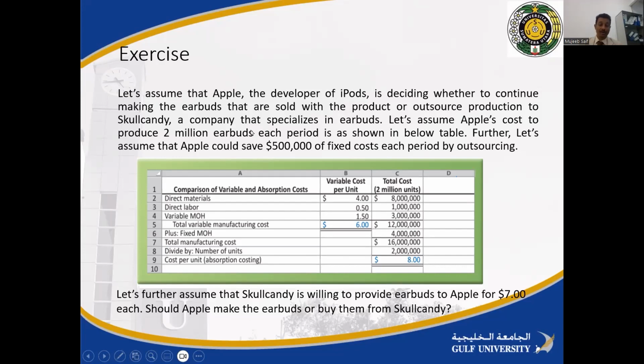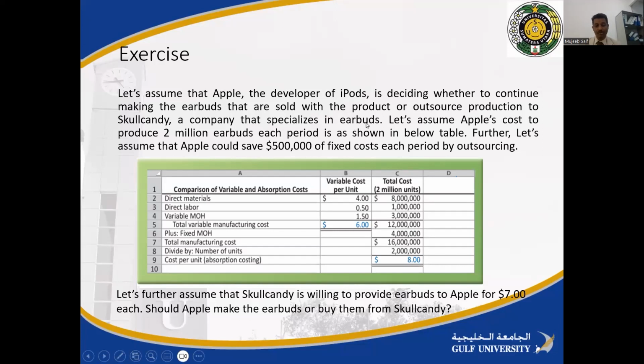So my company, where I work as a managerial accountant, produces the AirBuds in their organization, but now they are thinking: why don't we ask another company to produce the AirBuds for us? This company is more specialized in AirBuds.